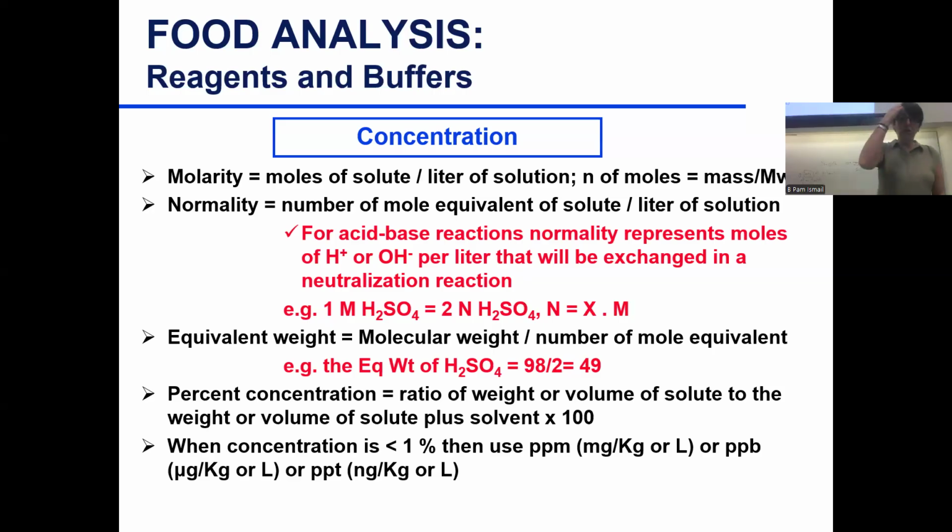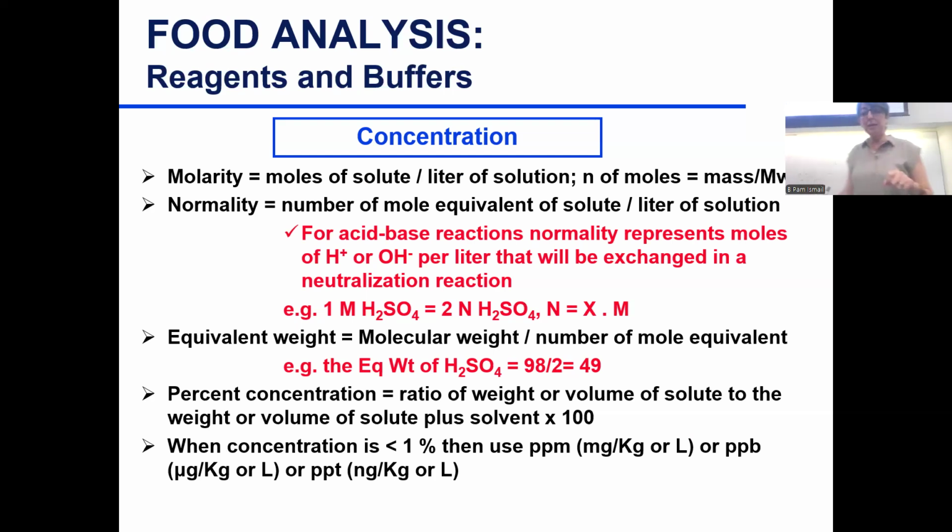Sometimes concentration is much more dilute. Like when we are doing caffeine, you have concentrations in parts per million. If you're doing a flavor analysis, concentration is maybe even parts per trillion or less.